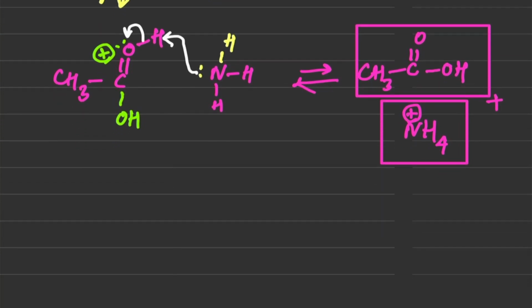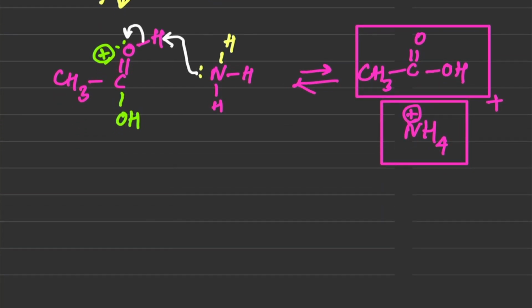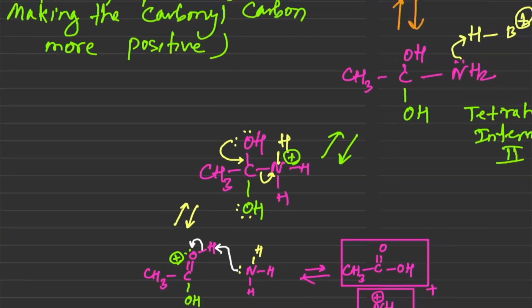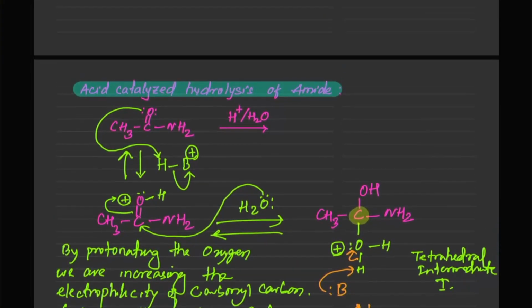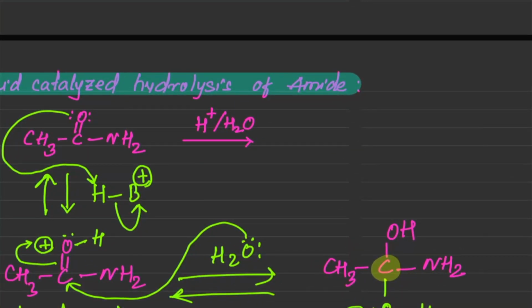So in shortcuts, what we did here is we broke this bond and we added water across it. So we added OH here and H here. And because it is acid catalyzed, we added another extra H. And that's the reaction. Pretty simple and fast. All right, let's stop this video here.